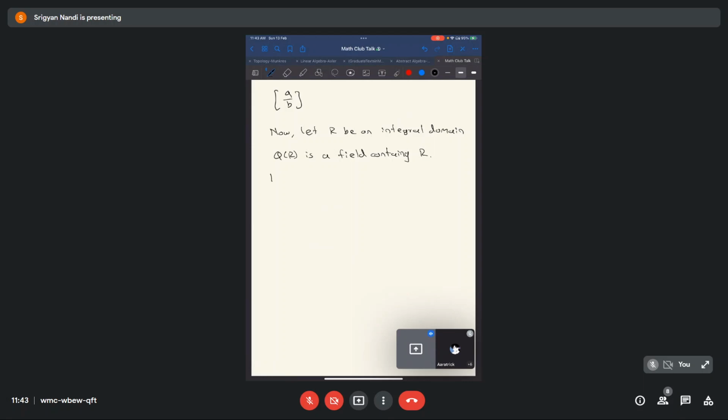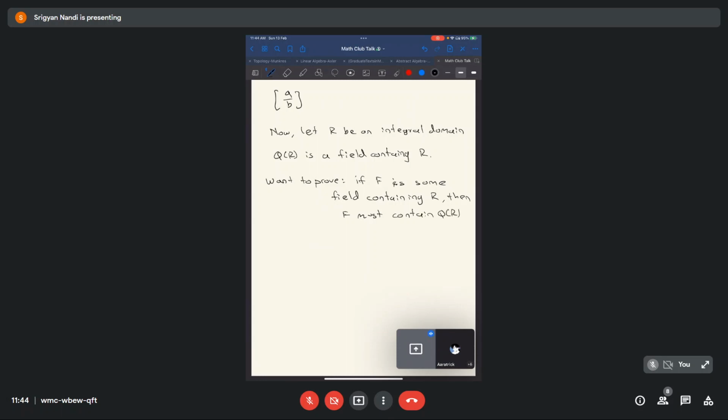Fine. Now, what do we want to prove? Let's start with what we want to prove. We want to prove that if F is some field containing R, then F must contain Q(R).